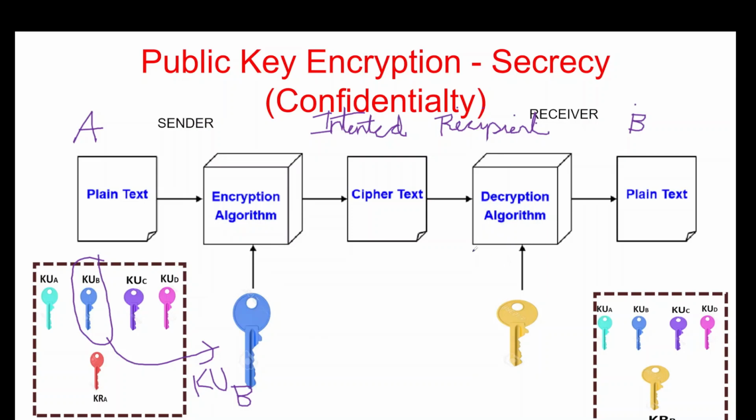The receiver B, when it is encrypted using the public key, how can B access it? Yes, that's right. We can only open it with the help of the private key of the user. So it is encrypted using the public key of B, and now we use the private key of user B and it is decrypted.